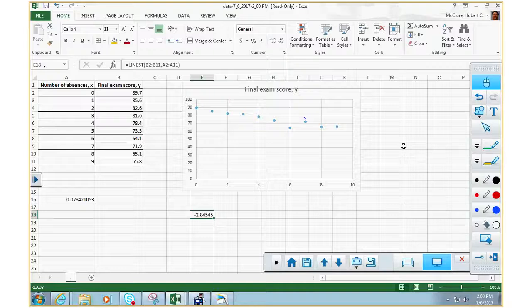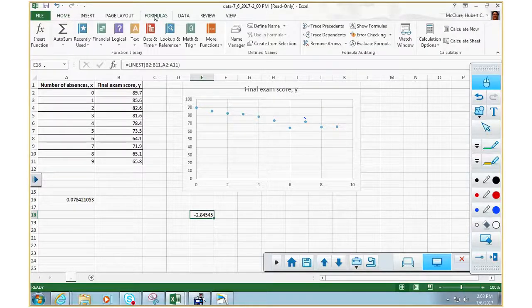Well, I know what it looks like, but I don't know how to do linear regression. I'm still looking.